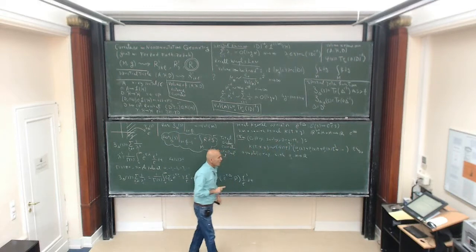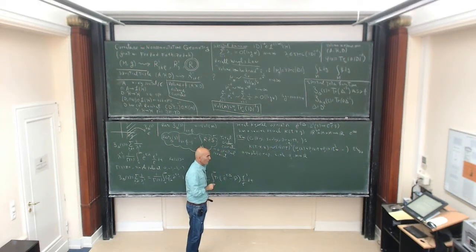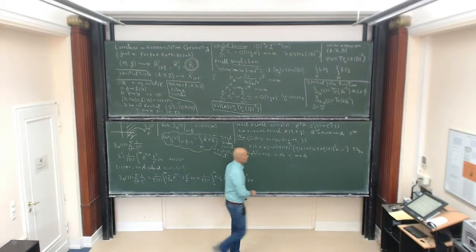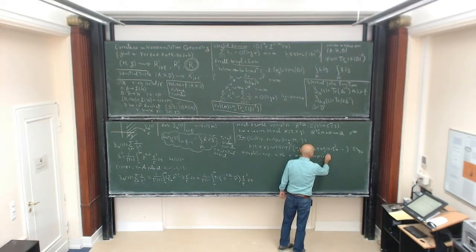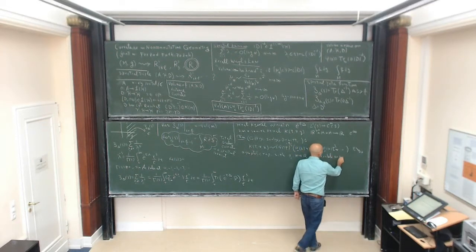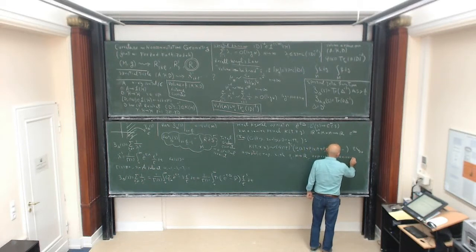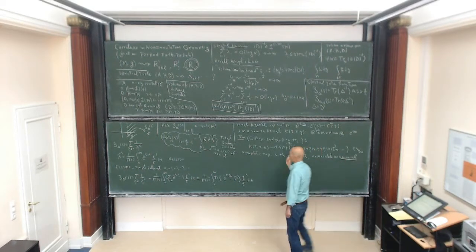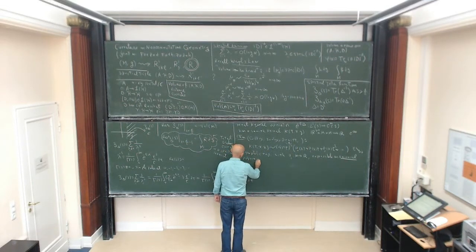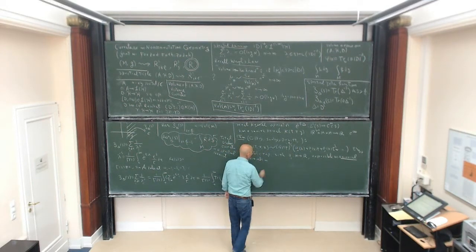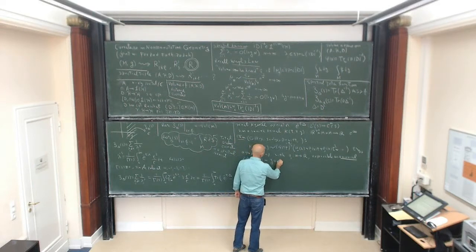And they are expressible as universal polynomials in the metric g and its covariant derivatives.